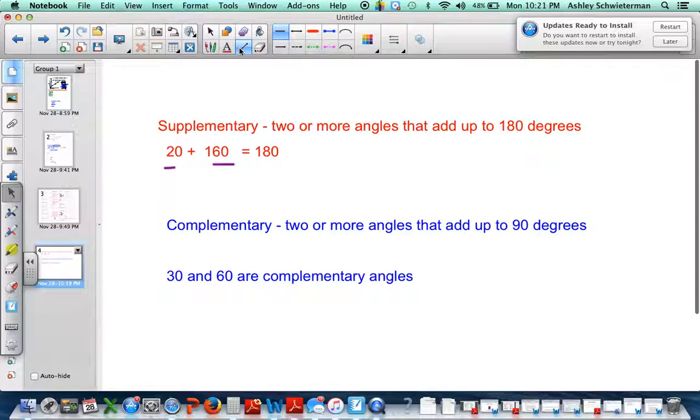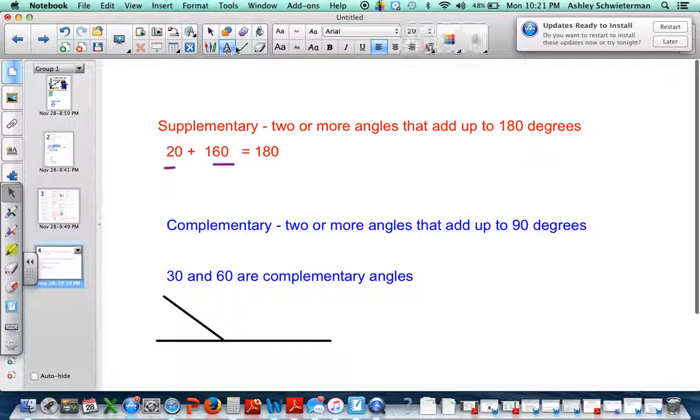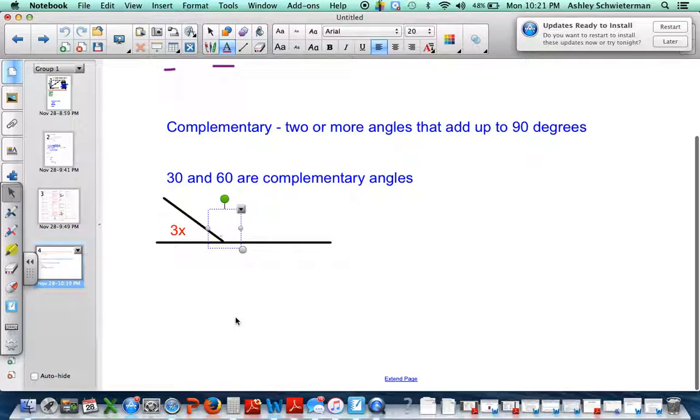If I were given this, it's a straight line, and I were told that this right here is 3x degrees, and this right here is 2x plus 15, and I were asked to find the value of x.